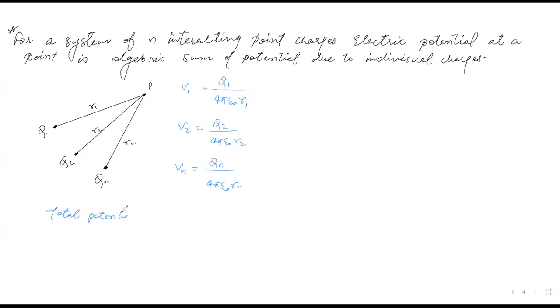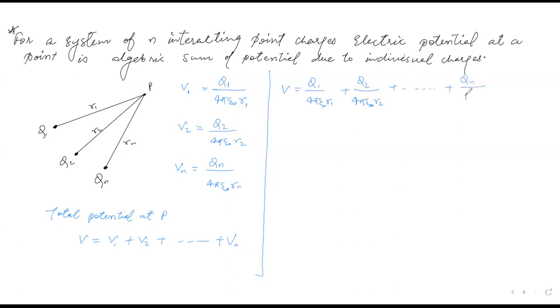V is equal to V1 plus V2 plus V3 up to Vn. When you put the values of V1, V2, and V3, you get V is equal to Q1 over 4 pi epsilon naught R1, plus Q2 over 4 pi epsilon naught R2, plus dot dot dot up to Qn over 4 pi epsilon naught Rn.